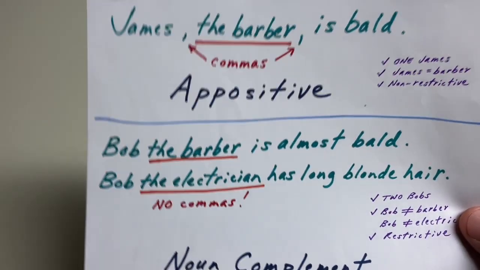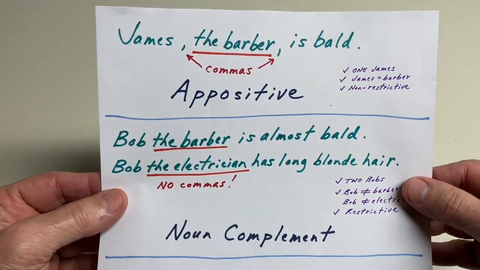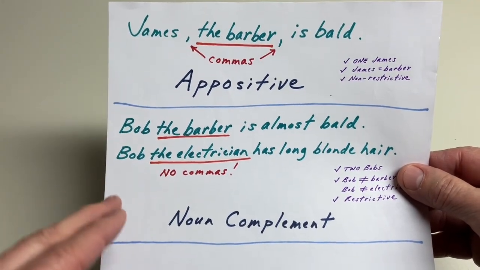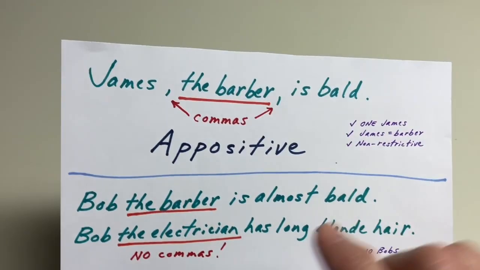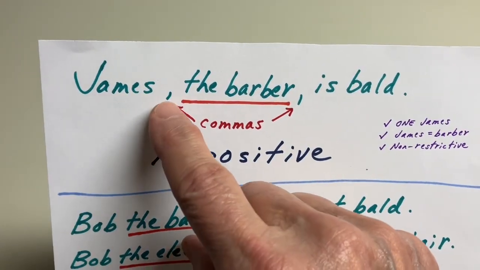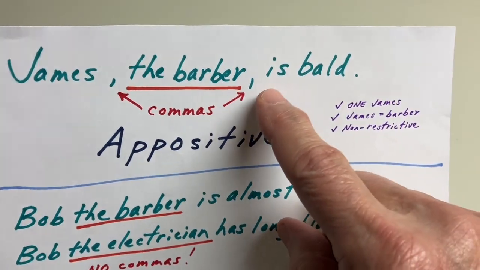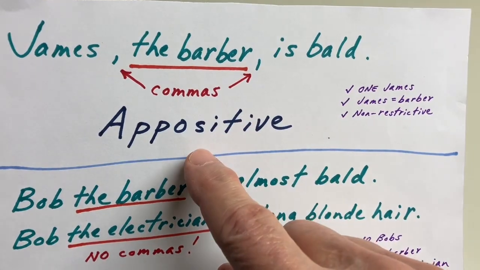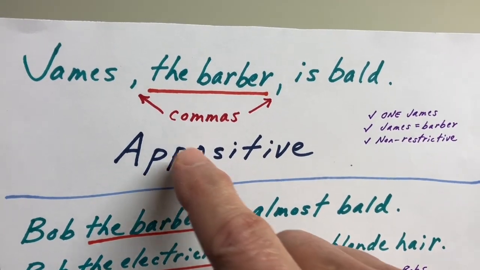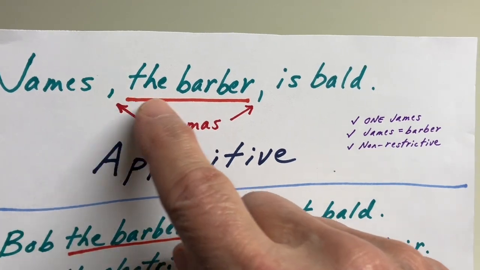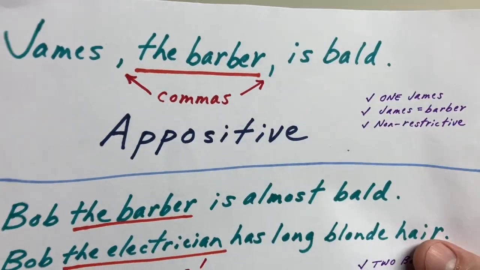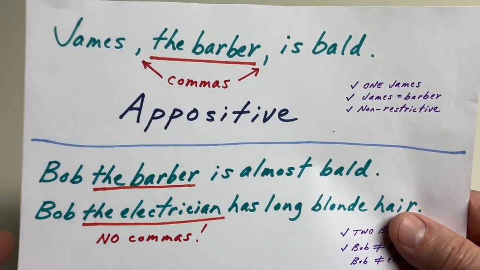Now, I demonstrated clearly the difference between the appositive and noun complement in previous videos many times. So let's look at that. James, comma, the barber is bald. Okay, we have an appositive here. And how do we know that? Because we have commas. James, comma, the barber, comma. That tells us many things that are important.